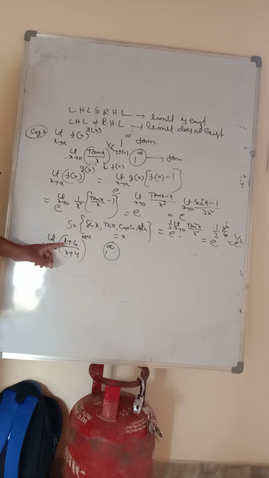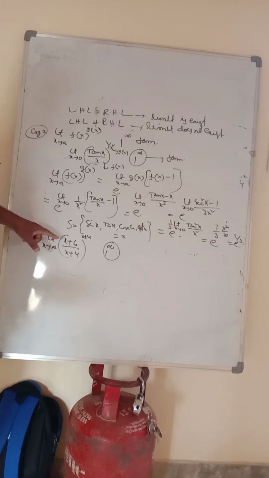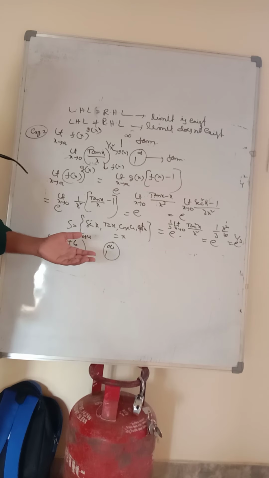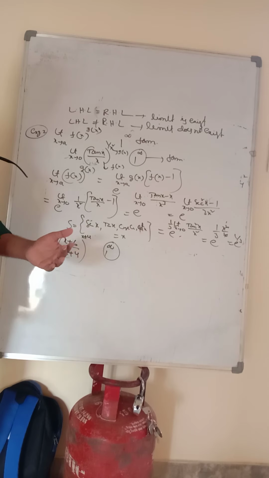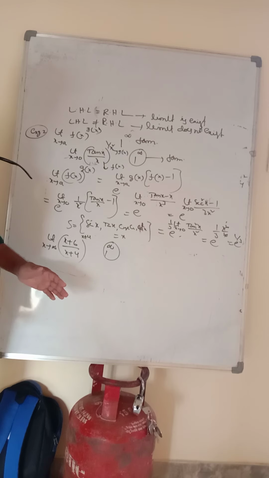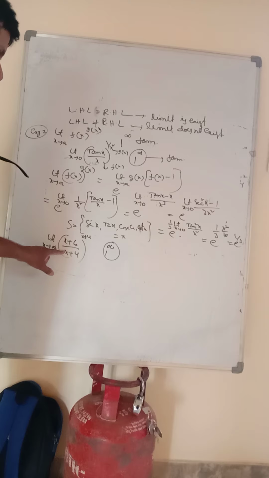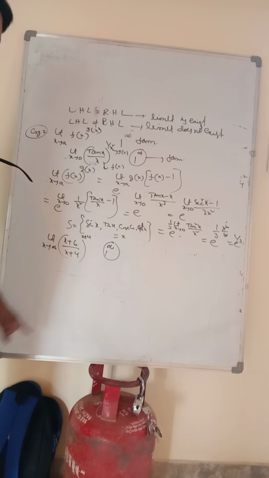Because if x tends to infinity, we compare the degree of x in the numerator with the degree of x in the denominator. If the degree in the numerator is more, the value is infinity; if it is less, the value is 0. If they are equal, we can take the ratio of coefficients directly, 1. So 1 to the power of infinity.